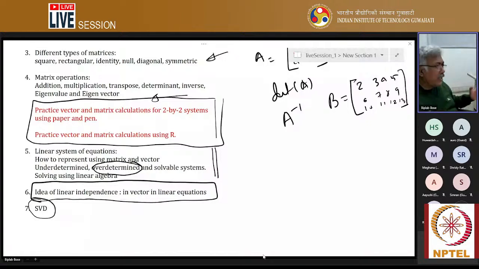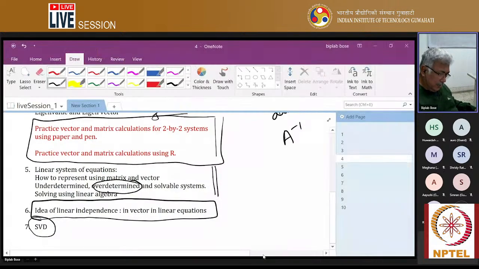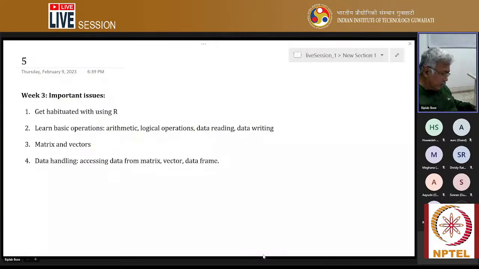So is there any question about this week, second week? Okay, if there is no more question, then I will come to the short discussion on week 3. What we are doing here, we are asking you to get habituated. Weekly, we are starting R. So you are supposed to get habituated with R and also learn the basic operations: arithmetic operation, logic operation, data reading, data writing.